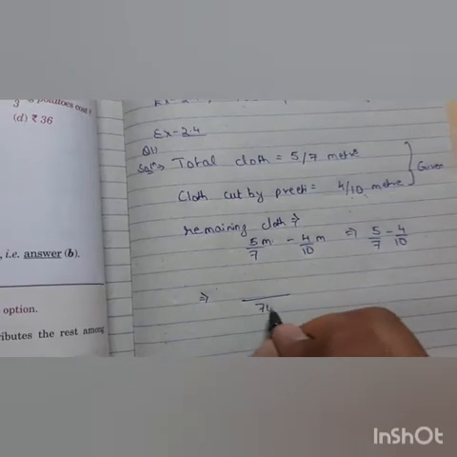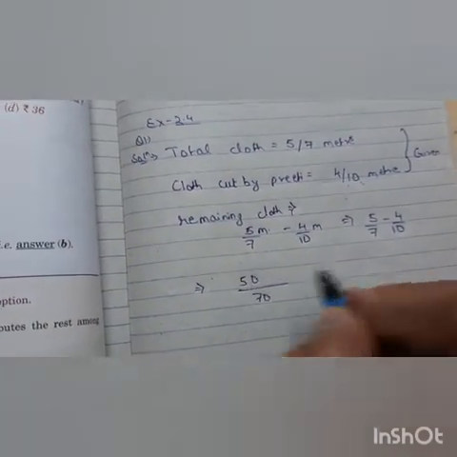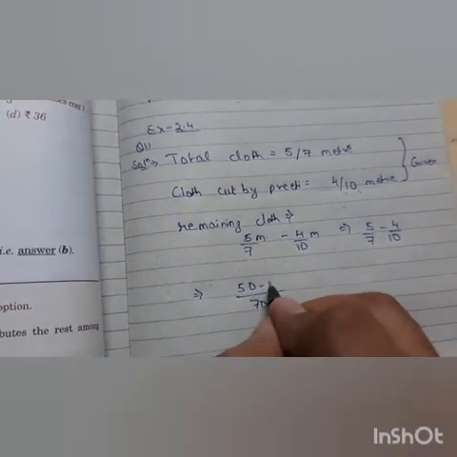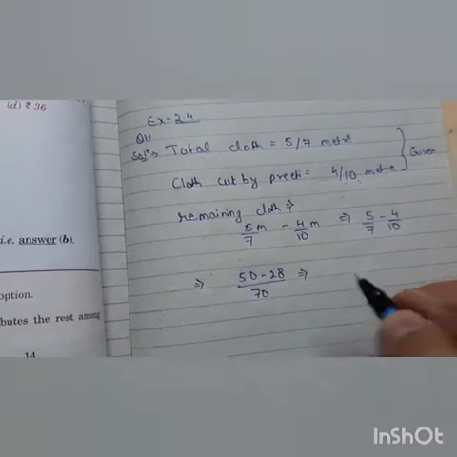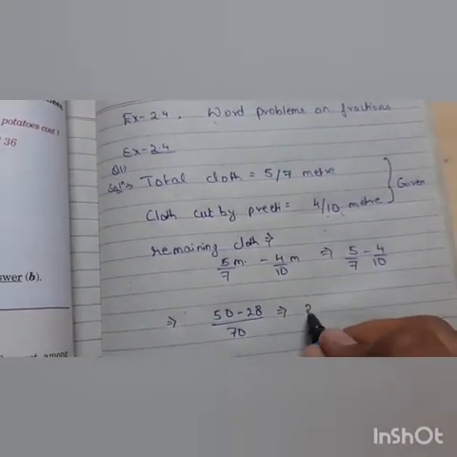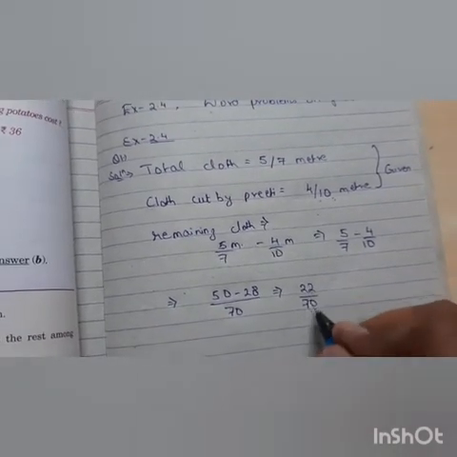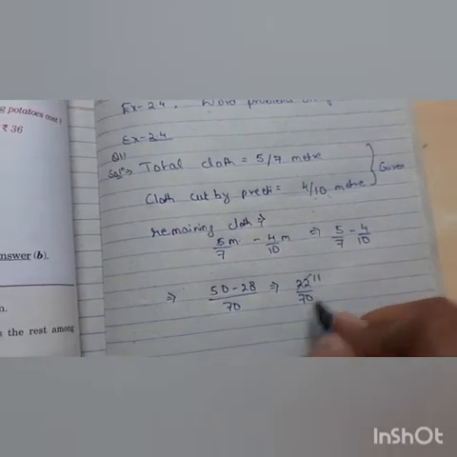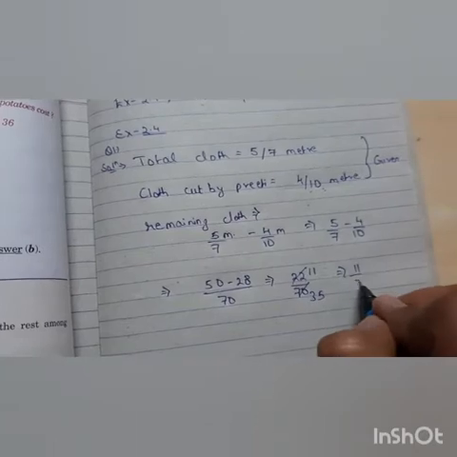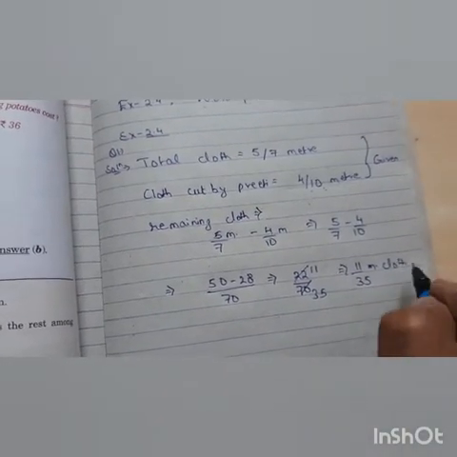It will be 70. 7 into 10 is 70. 10 into 5 is 50, minus 7 into 4, 28. So 50 minus 28 is 22 upon 70. Now this can be cut: 2 ones are 2, 2 elevens are 22, 2 thirty-fives are 70. That means 11 upon 35 meter of cloth.